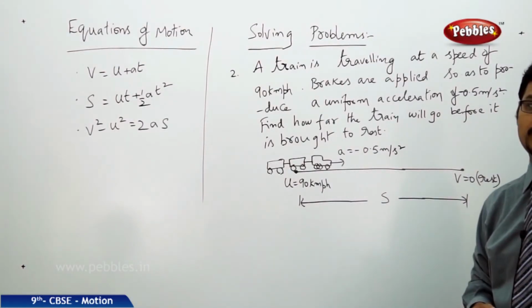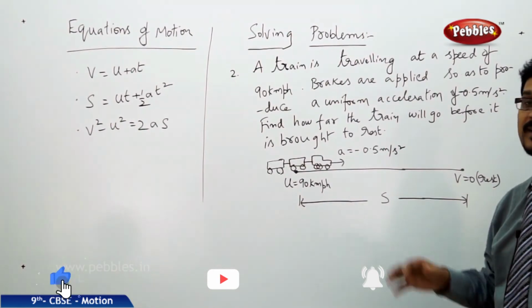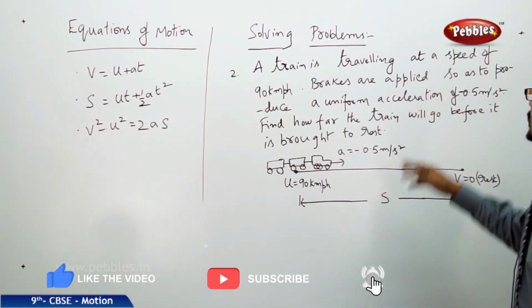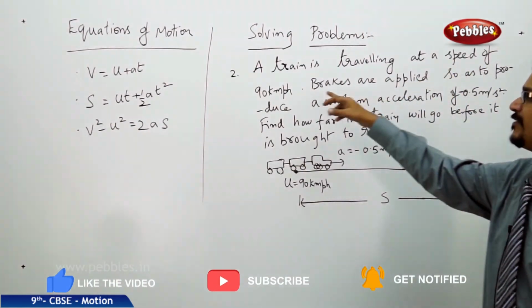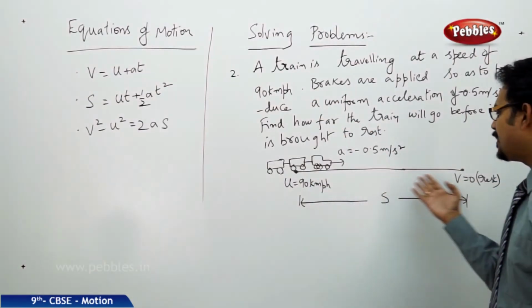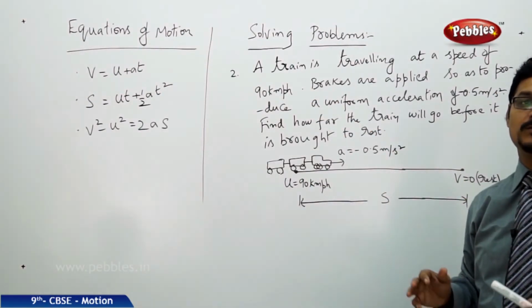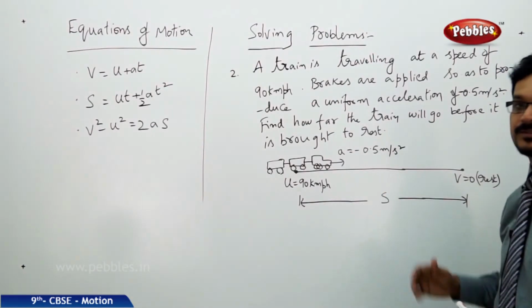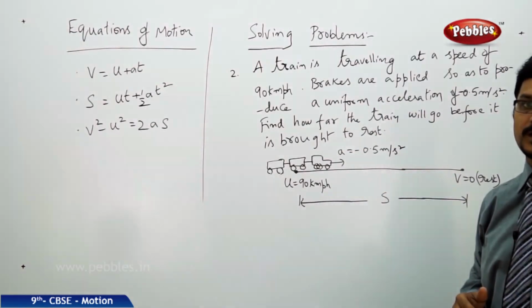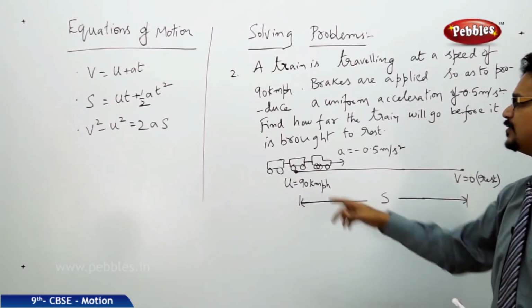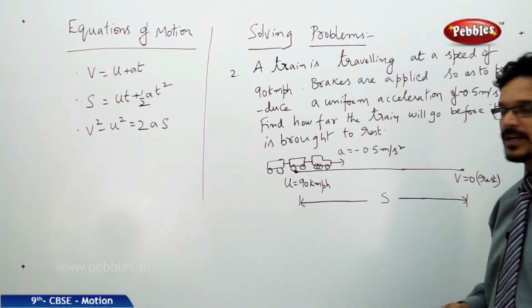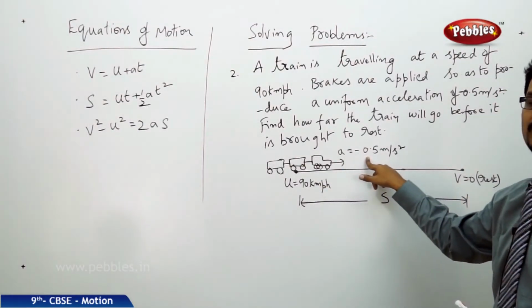As I told you, before solving the numerical, find out the data given here. See the diagram here. It is always good practice to draw diagrams based on the data given to us. The train has an initial velocity of 90 km/h and moves with an acceleration of minus 0.5.